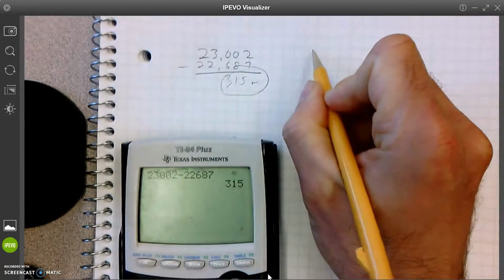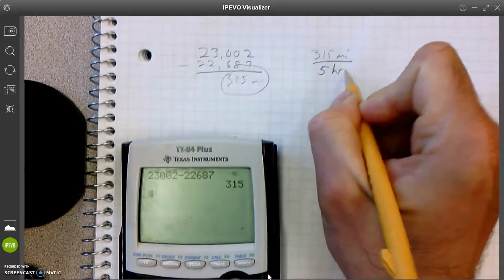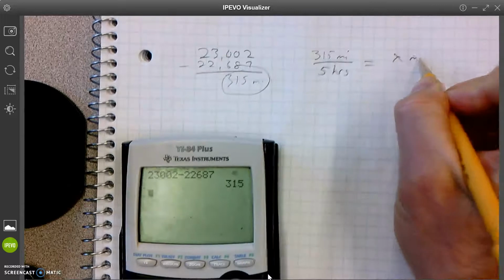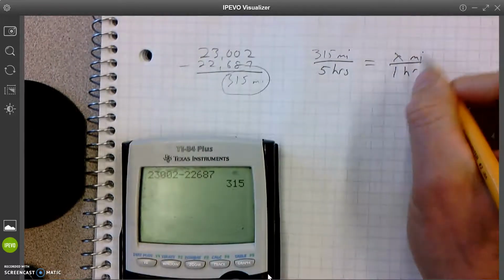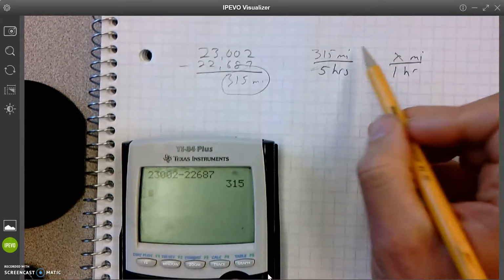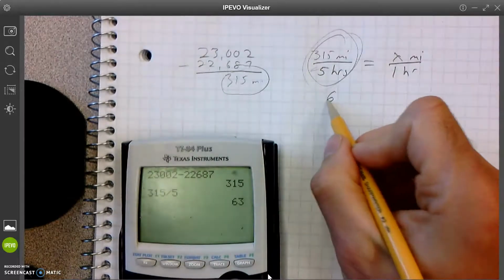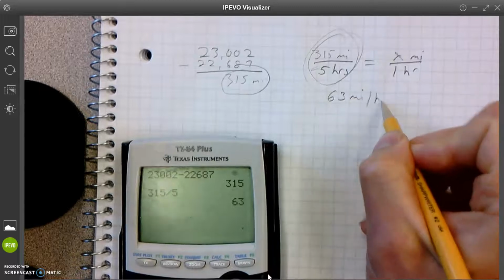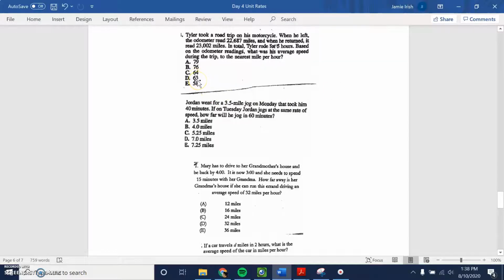Okay. So 315 miles in 5 hours. So it wants to know what's that in miles per hour, per 1 hour. That's a unit rate. So I can cross multiply and divide, or I can just divide these right here. So 315 divided by 5 is 63 miles per hour. There we go. So the answer is D. Number 1 is D.